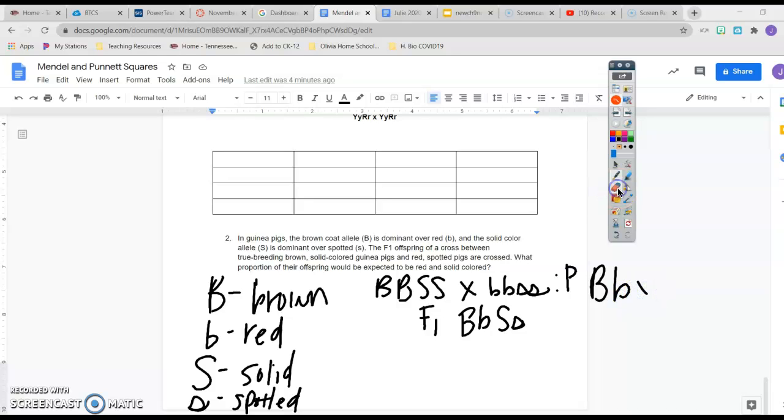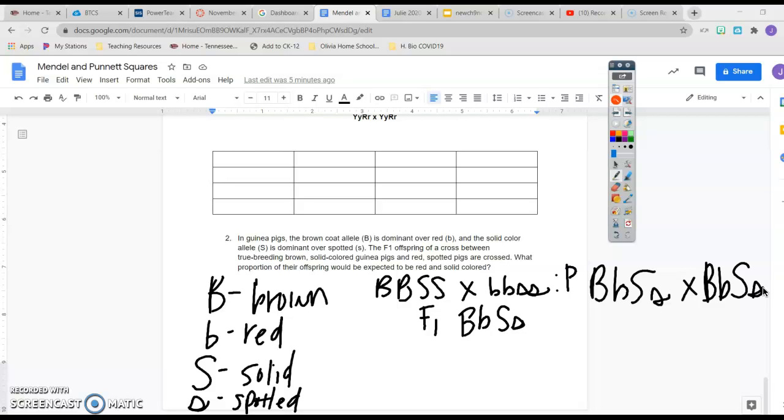Oops, erase that real quickly. There we go. Big B, little b, big S, little s, crossed with another big B, little b, big S, little s. And we would do our big 4x4 Punnett square.